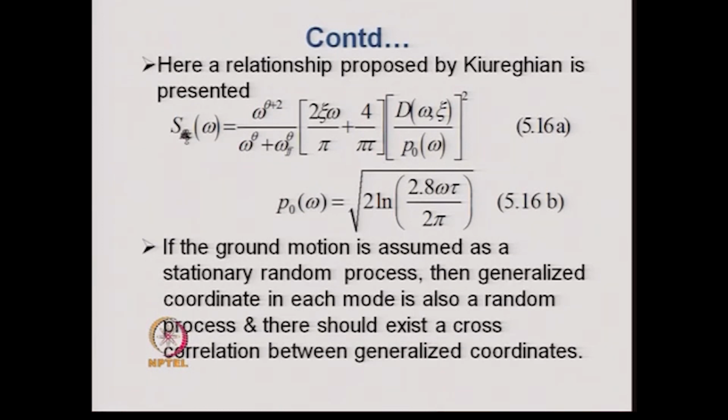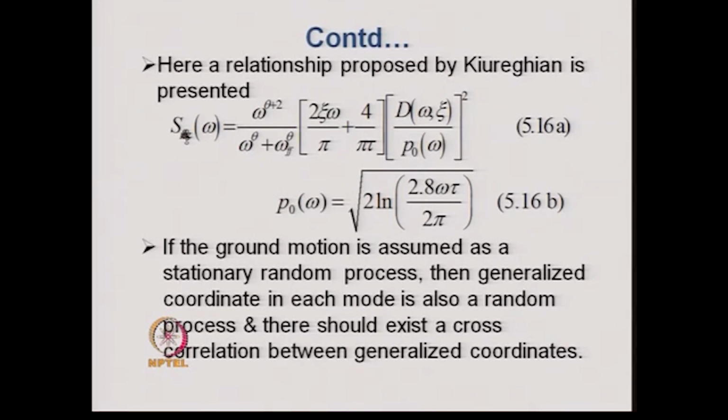and here we can see that the power spectral density function is related to the displacement response spectrum D, and P0 is called the peak factor, and tau is the duration of the earthquake.